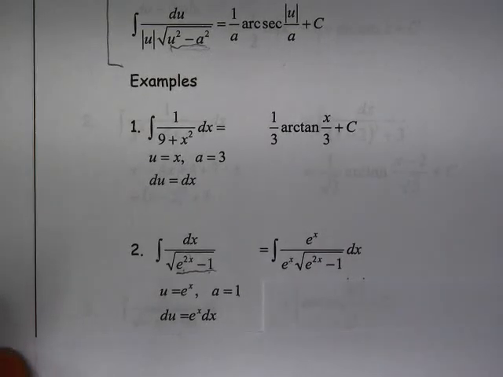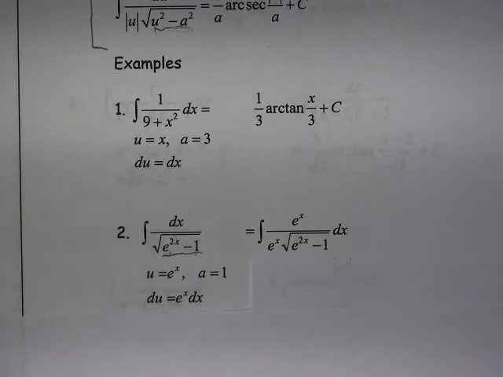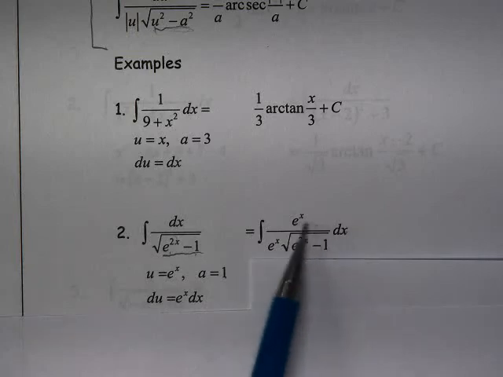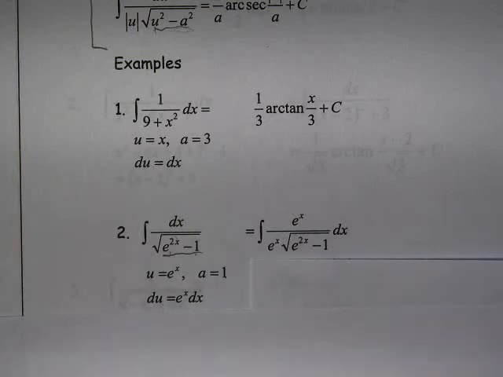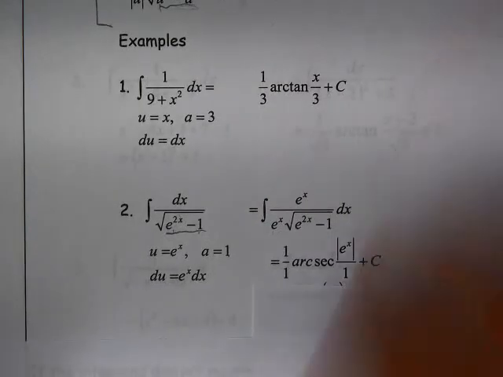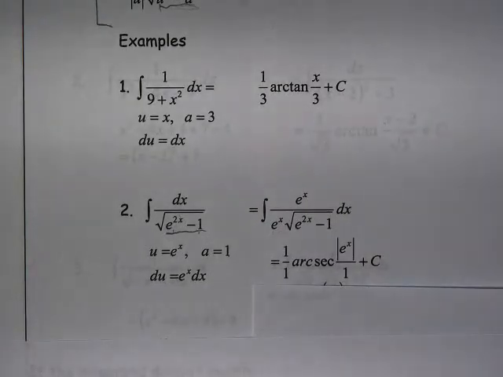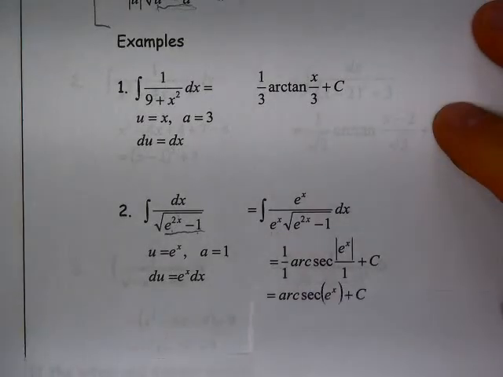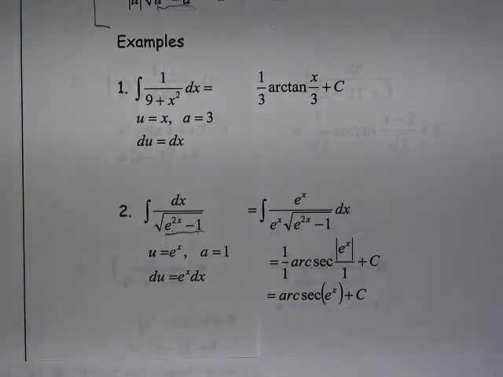So I'm going to rewrite it this way. In order for me to get this e to the x in the numerator, e to the x dx, I need to have an e to the x in the denominator that essentially cancels that out. So if I rewrite it this way, now I can use these substitutions, and it fits my arcsecant formula. Once I do that, I can simplify that. I just get my arcsecant.